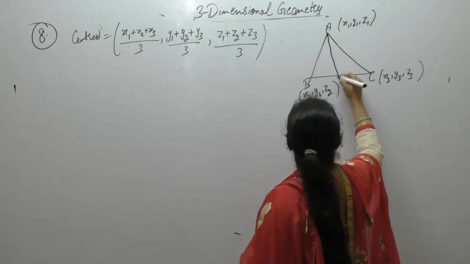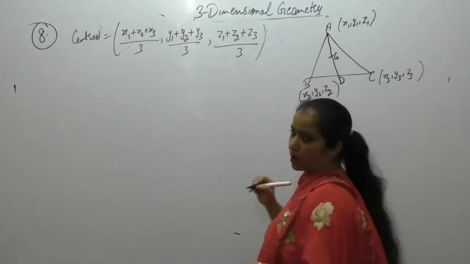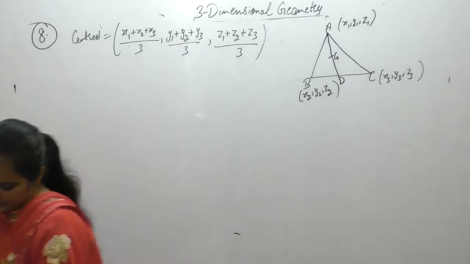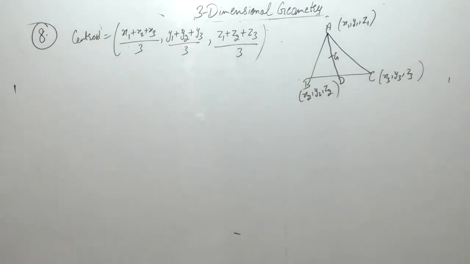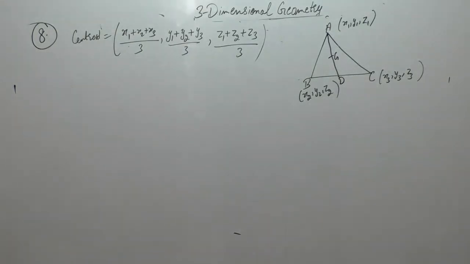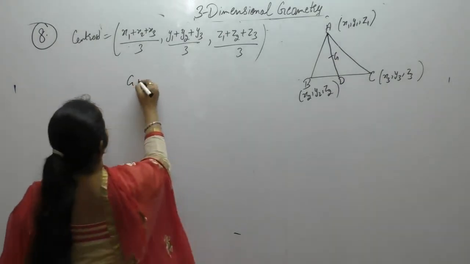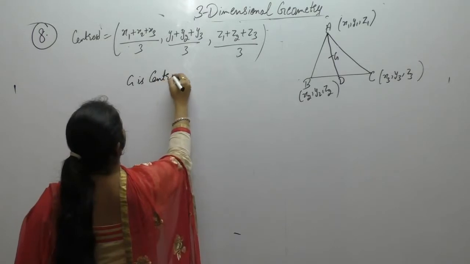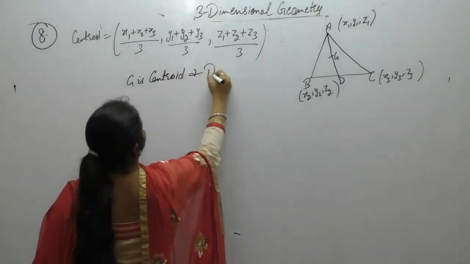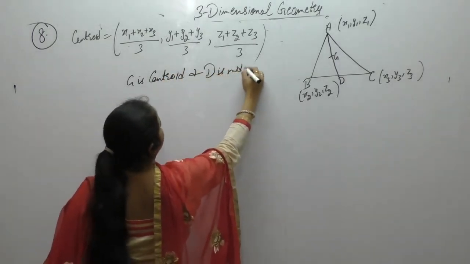Let G is the centroid, and D is midpoint of BC.